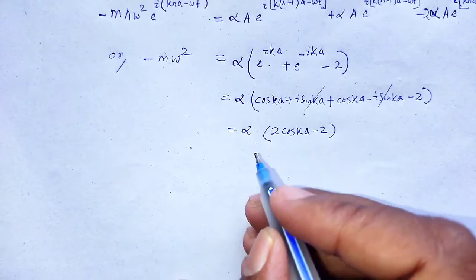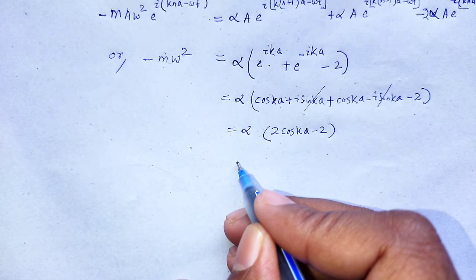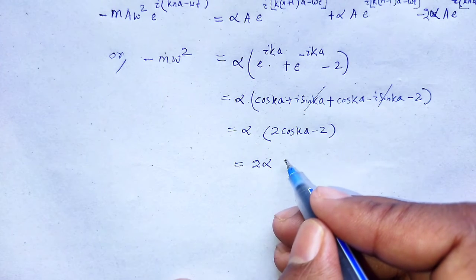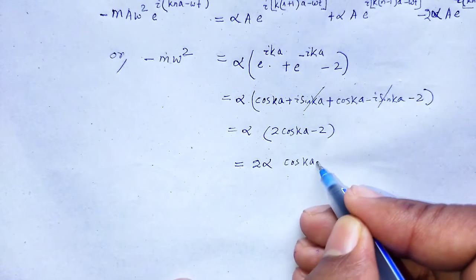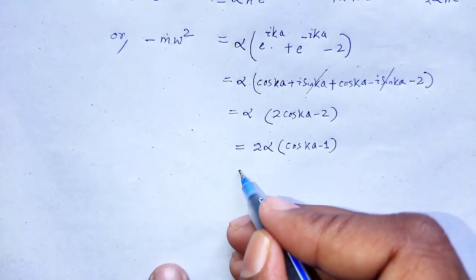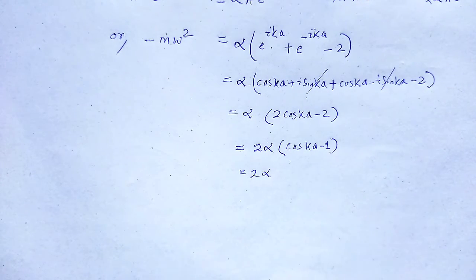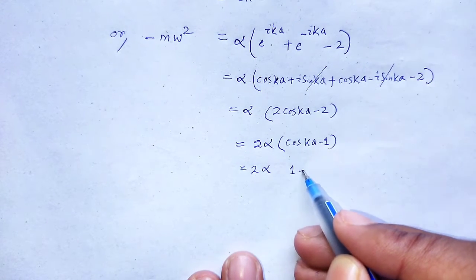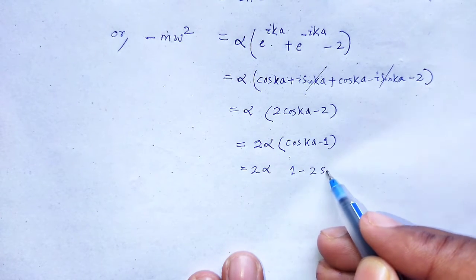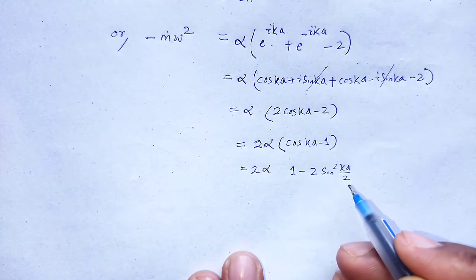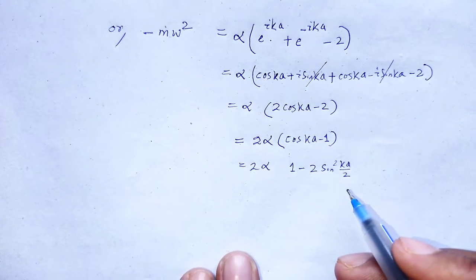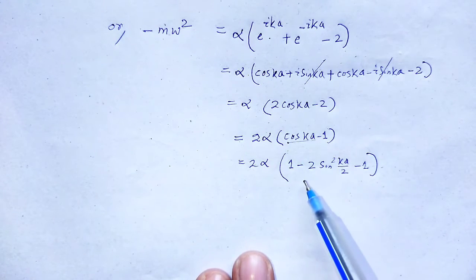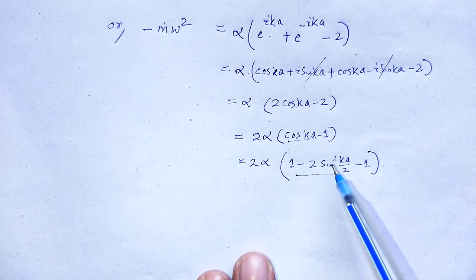Now 2 was common, we have 2 alpha (cos ka minus 1). In place of cos ka we write 1 minus 2 sin square (ka by 2), minus 1, as cos ka in terms of sin.